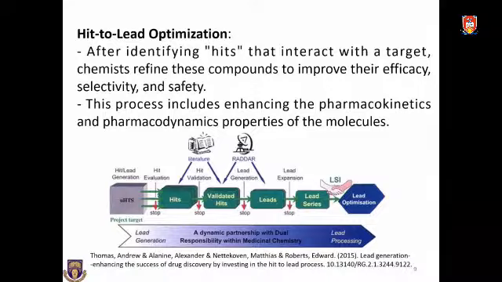So for a compound to go all through, it must go through each of these stages to the point of saying that it has actually been optimized as a lead compound. Now, it is only lead optimized compounds that are considered as potential drug candidates.